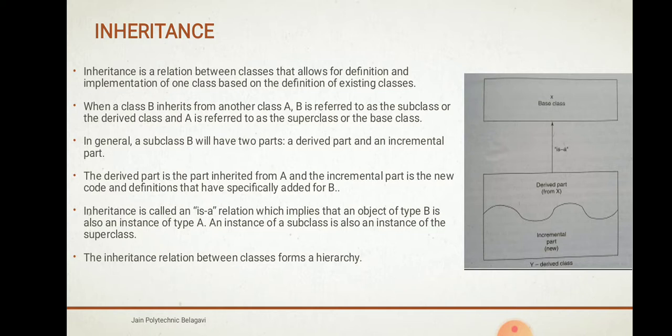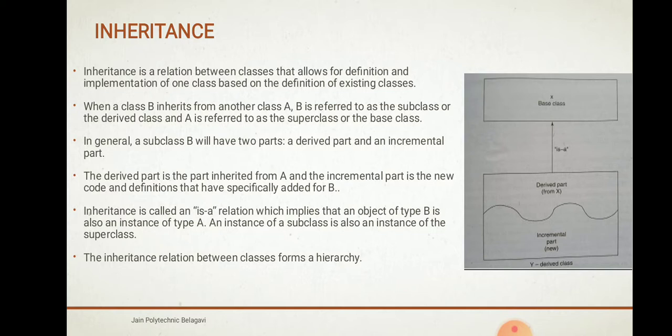In general, a subclass B will have two parts, a derived part and an incremental part. The derived part comes from the base class, and the incremental part comes from its own methods and member functions. Inheritance is called an is-a relation, which implies that an object of type B is also an instance of type A. Inheritance relations between classes form a hierarchy.